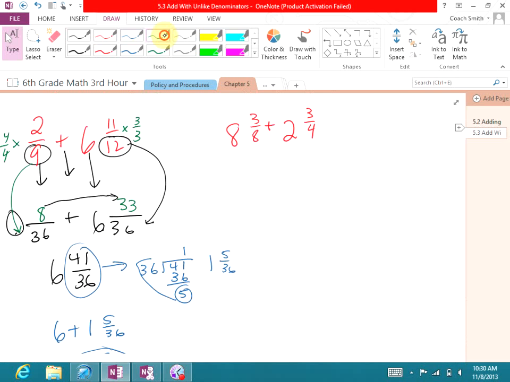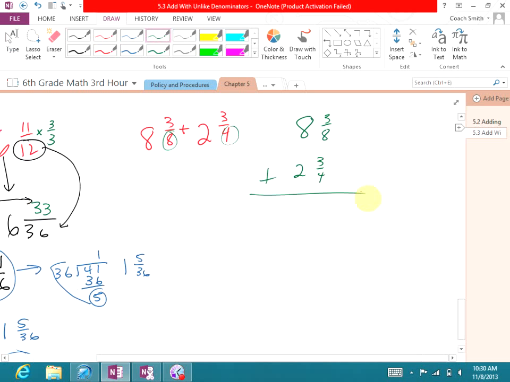Okay. All right, now we got to find the least common multiple between 8 and 4, which is 8. So now I'm going to do this one vertically. So we have 8 and 3/8 plus 2 and 3/4. The new fractions would be 3 over 8, and this would be 6 over 8. I multiplied by 2 over 2, and I multiplied by 1 over 1.